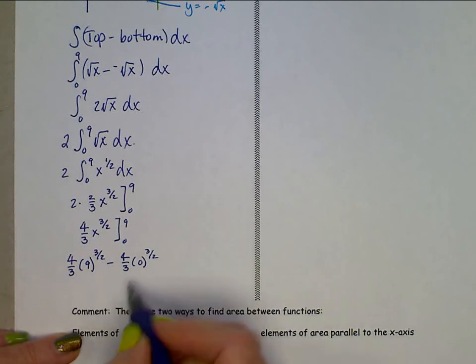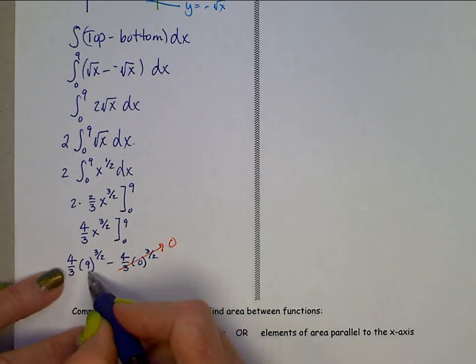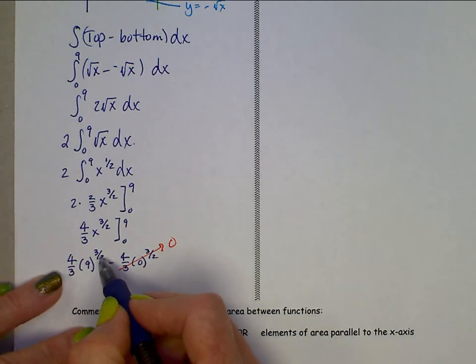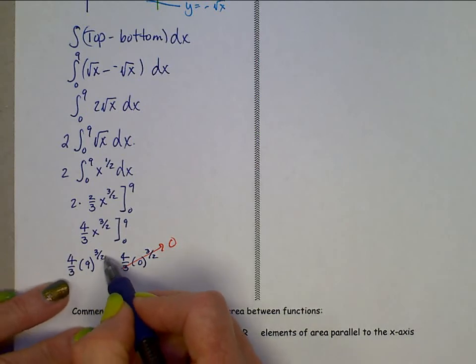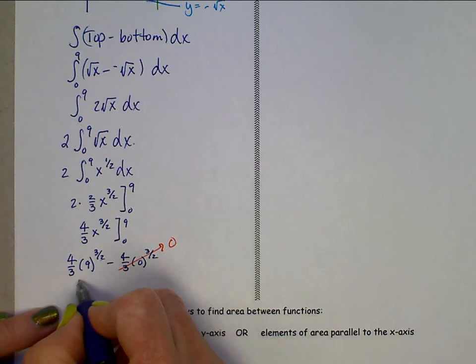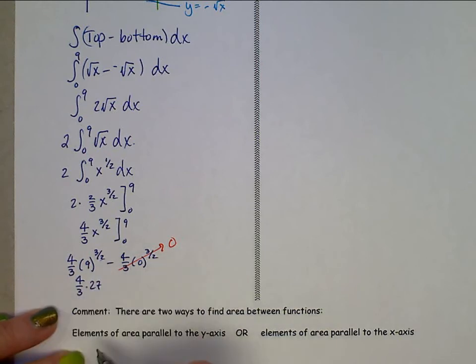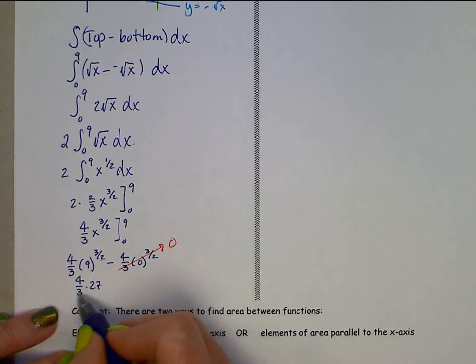All right, this piece is clearly 0. This one, remember, power over root. So do the root part first. The square root of 9 is 3, cubed, 27. So we have 4/3 times 27. We can divide out by 3 here. That gives us 4 times 9, or 36.